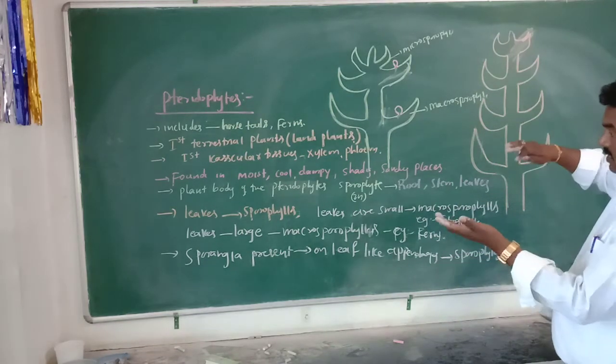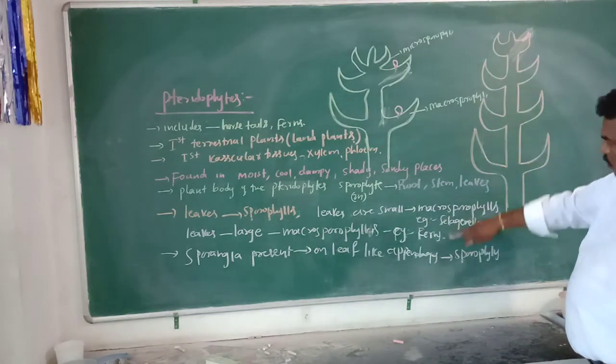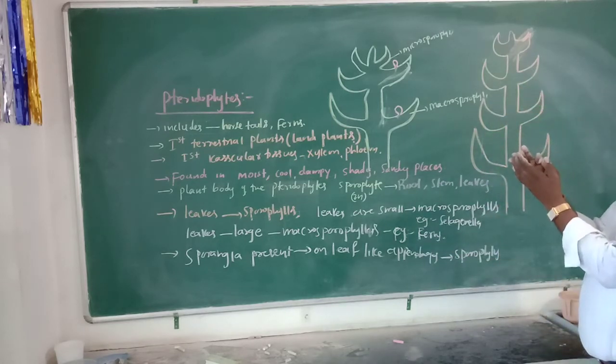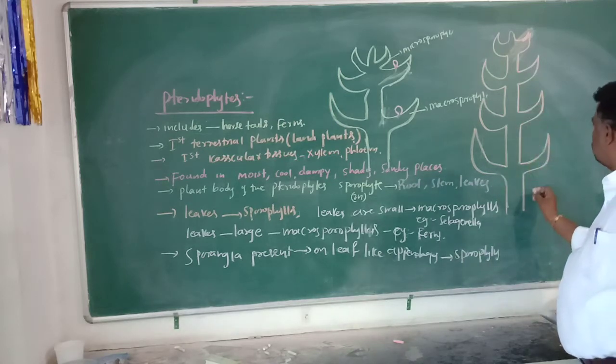In some cases, the sporophylls are arranged and form a compact structure called strobili.